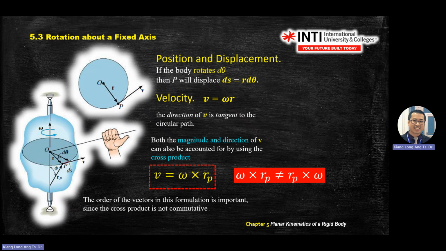That axis crosses to the radius vector r, omega cross r, and your thumb is pointing that way. So your thumb represents the tangent velocity. Omega cross r, your thumb is pointing in the tangent direction of velocity. Just remember that.